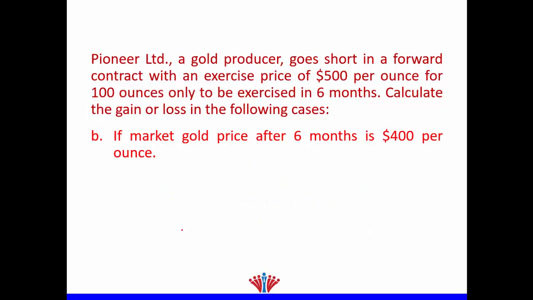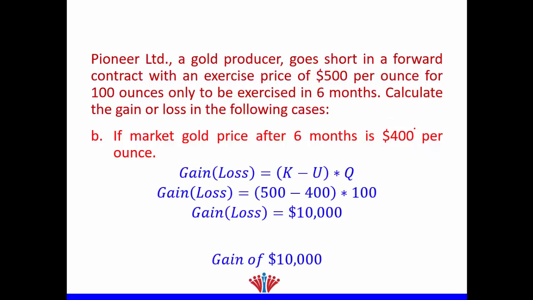The second scenario, if the market gold price after 6 months is lower, 400. We know that for a short position, for a seller, if the price decreases, the seller will make a gain. So our formula of gain or loss will be the same, which is K minus U multiplied by quantity.